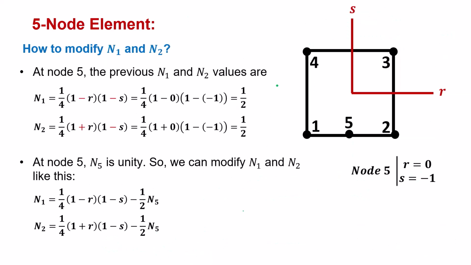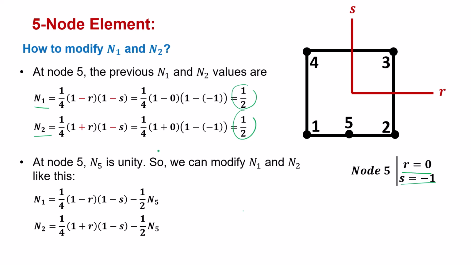Now that we have defined n5, we also need to adjust the functions for nodes 1 and 2. Let's see why. At node 5's location, r equal to 0 and s equal to minus 1, if we use the old formulas for n1 and n2, we don't get 0. In fact, each of them gives us 1 over 2. That means at node 5, the displacement would still be influenced by nodes 1 and 2, which violates the shape function's rule.